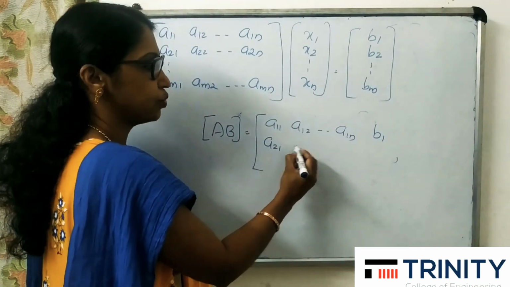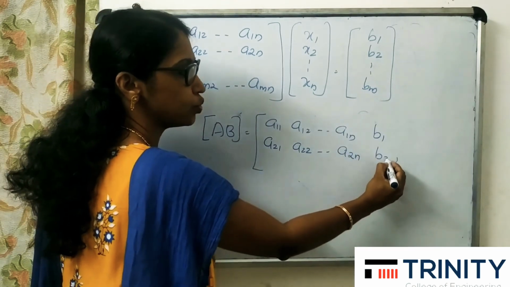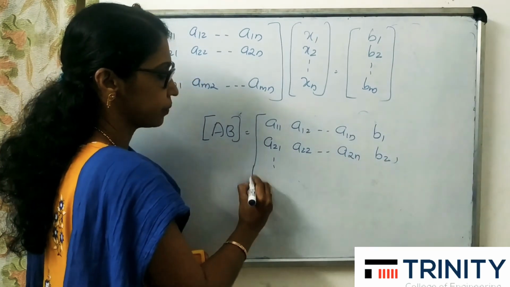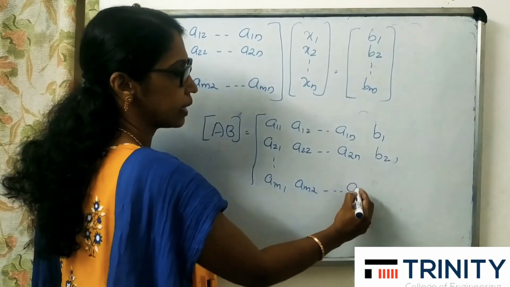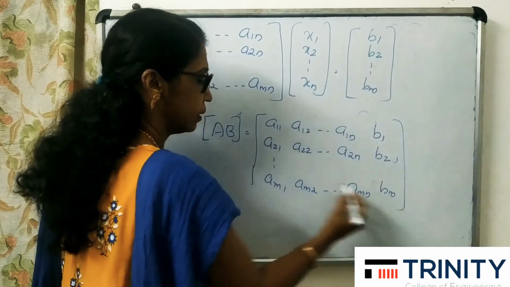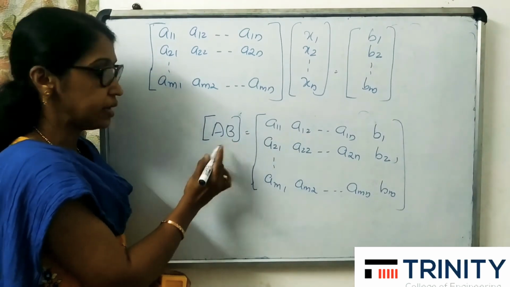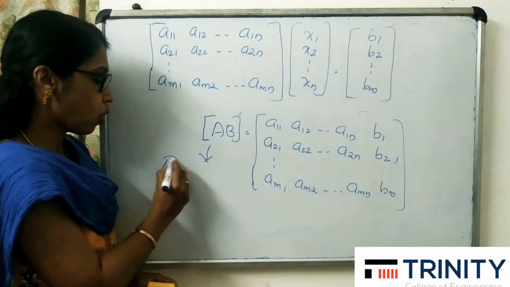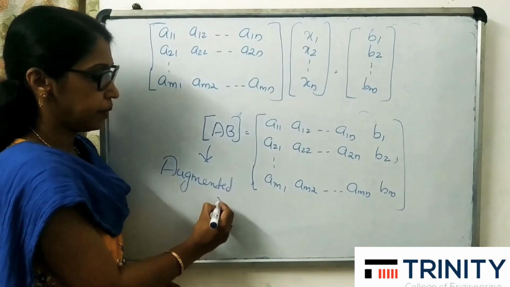Second row a21, a22, etc. a2n, b2, etc. Last row am1, am2, etc. amn, bm. Joining A and B, we get another matrix, AB, and we name this matrix the augmented matrix.